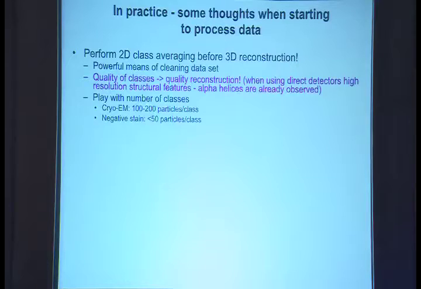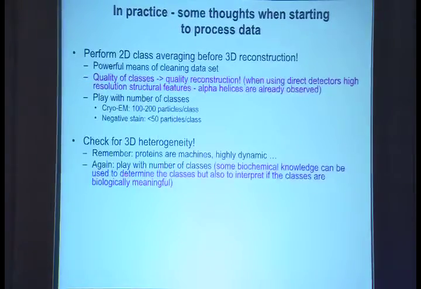In particular, when you are using a direct detector, you should start seeing structural features like alpha helices already in the 2D classes, which means that you should be able to get high resolution. In most cases, in any program, you start with 100 to 200 particles per class for cryo-EM. If you are using negative stain, less than 50 is enough.